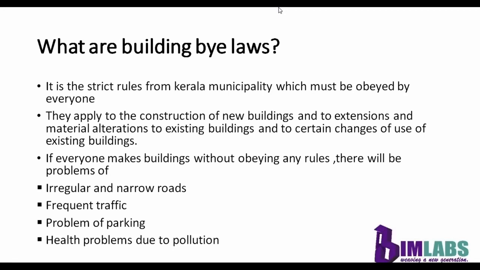The National Building Code was published in 1917 by the Bureau of Indian Standards in order to maintain uniform building regulations throughout the country. It was revised in 1983 and 2005.